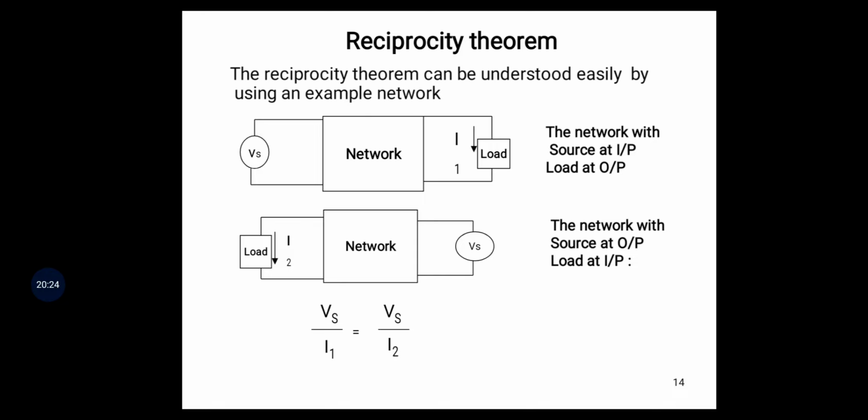The first network has the source at input and load at output. In the second network, the load is at input and the source at output.